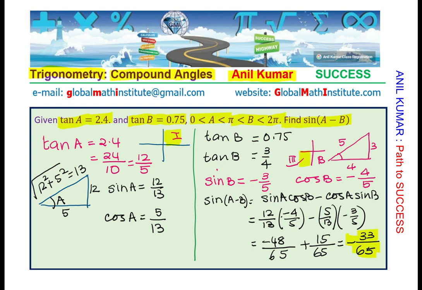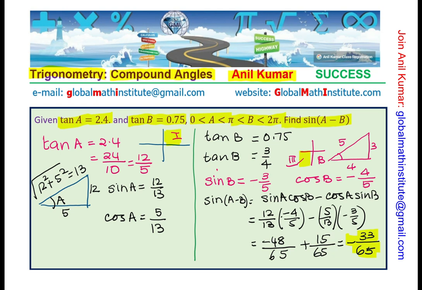So I hope you have understood each and every step here. Simple as that. Understand where A lies and where B lies. A is in quadrant 1, B in quadrant 3. Make your triangles, that is best. Understand from the triangles the sine and cosine values. If you are in quadrant 1, both are positive.